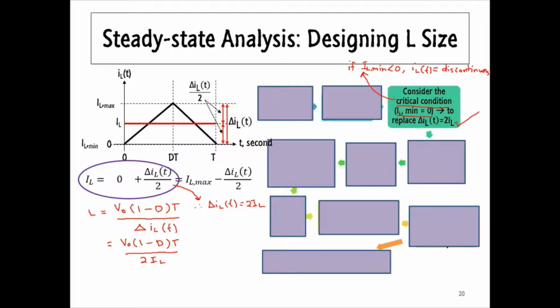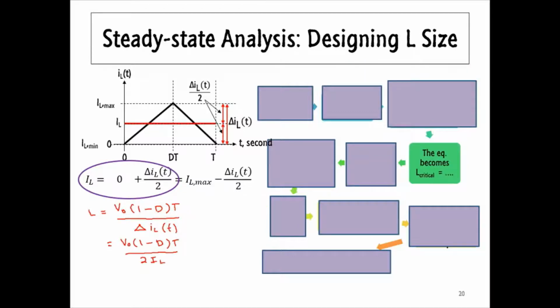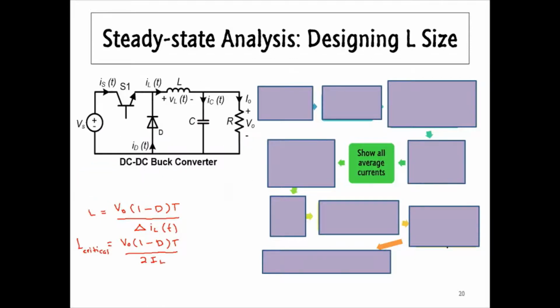Eventually, this equation represents the critical inductor equation. Since the equation consists of the average inductor current, we will focus on the average current of the converter.